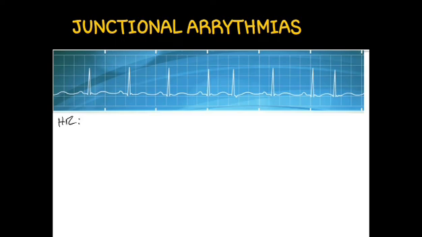So first we need to count the heart rate by counting the number of R waves. So we have 1, 2, 3, 4, 5, 6, 7, 8. So 8 times 10, we have a heart rate of 80. So this is actually a normal heart rate. Then we need to know if we have a P wave.